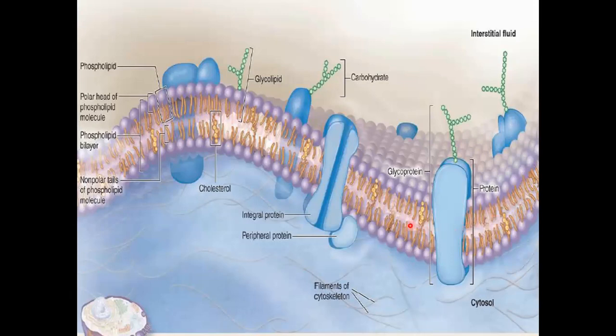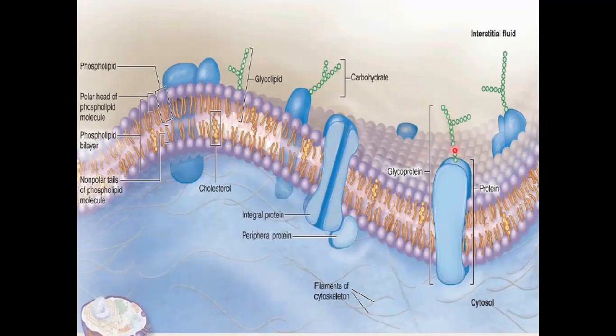So let's look at the components of the cell membrane without wasting time. The cell membrane is composed of the following: phospholipids. These phospholipids create a double layer. So there's this outer layer and there's that inner layer. Then we have proteins, labeled blue here. Then we have carbohydrates or polysaccharides, which are sugars.